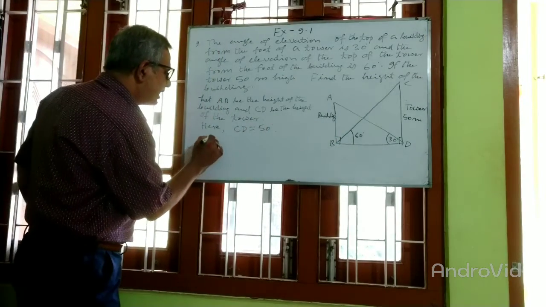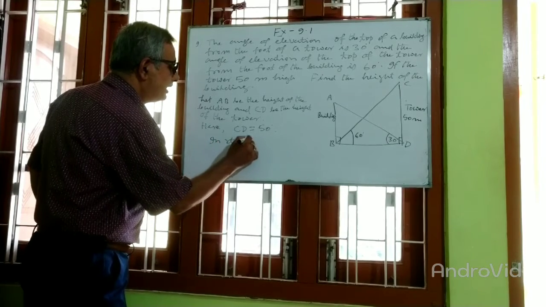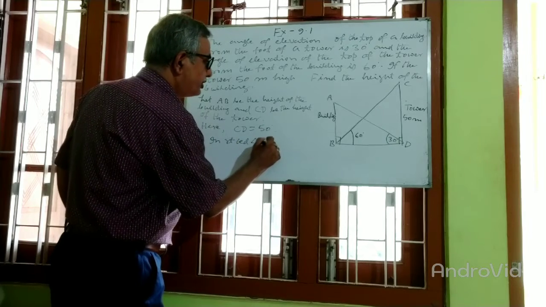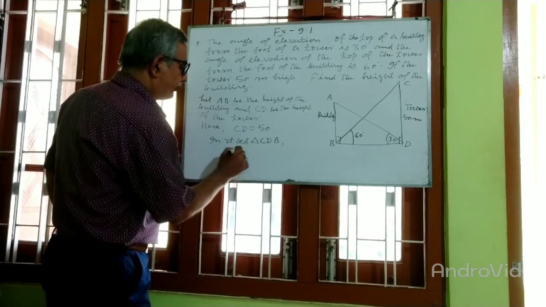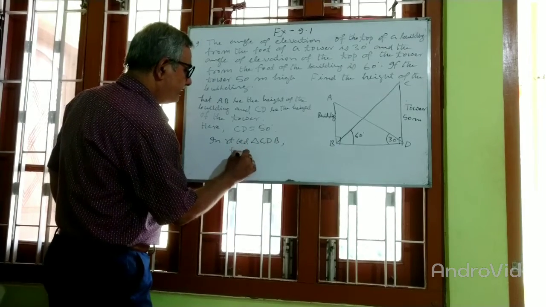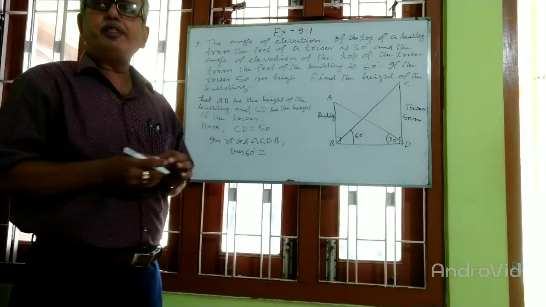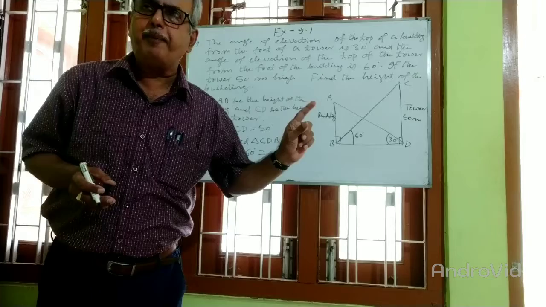In right angle triangle, which one you tell, my dear student? CDB. Tan 60 degree is equal to what? You know that tan theta is equal to perpendicular by base. What is perpendicular here?